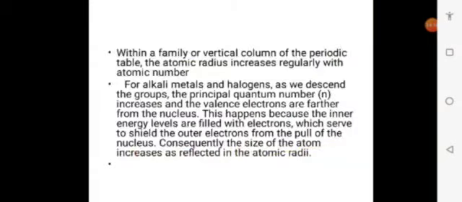Next, within a family or vertical column of the periodic table, the atomic radius increases regularly with atomic number. It means when we move up to down in a particular group, due to the addition of a new shell, the atomic radius increases, and the attraction between the nucleus and the outermost shell decreases.